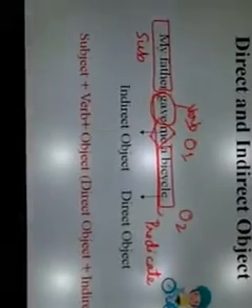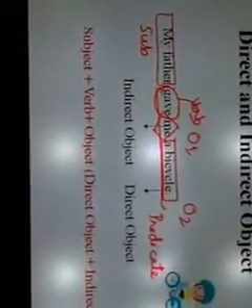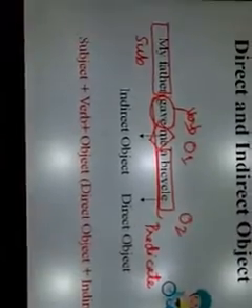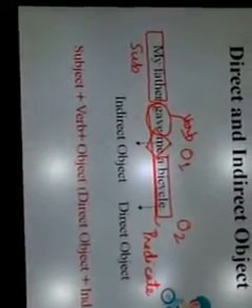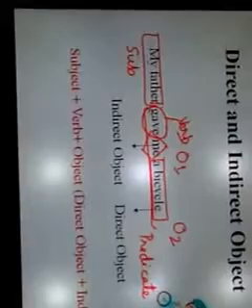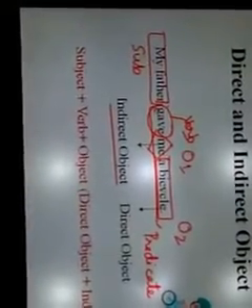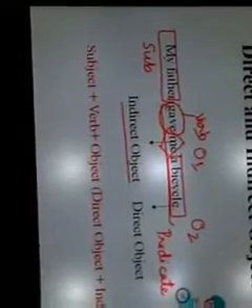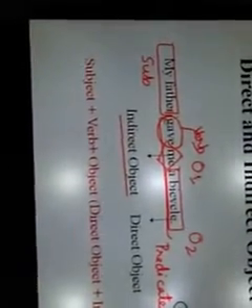What is the difference between direct object and indirect object? A direct object is something that receives the action. An indirect object is something which is affected by the action. An indirect object is the recipient of the direct object.